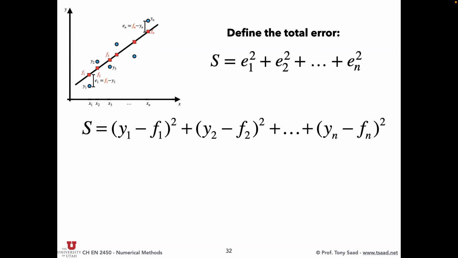Now, when you substitute the form for E, that's y1 minus f1 or f1 minus y1, it doesn't matter, then you can nicely write this as a summation over all the points. Summation of yi minus fi squared for i going from 1 to n, okay? Just write it as a summation. You don't even need to put the index on it, okay? Because implicitly we understand we have n points. We implicitly understand we have to carry the summation over all points.